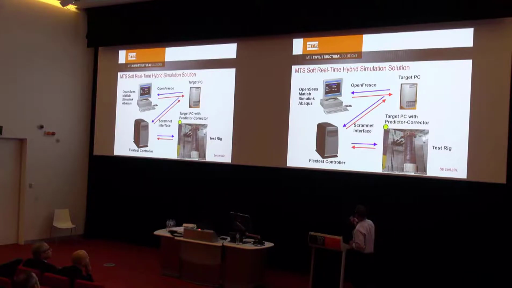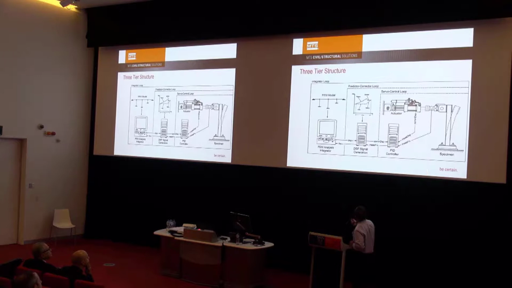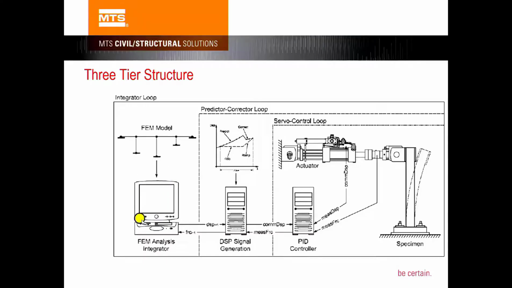It allows the controller rate and the FEA solving rate to be different. The controller rate, for example, is 1 millisecond, meaning it needs a command every millisecond. The FEA solver doesn't need to solve with that fine a step; it could be 10 milliseconds per step.